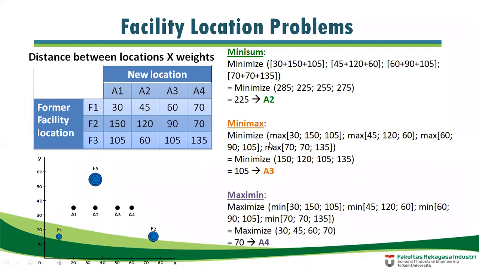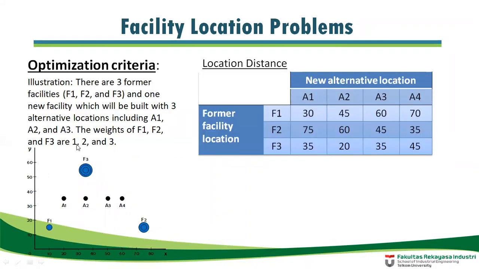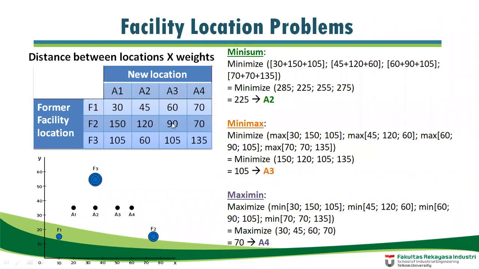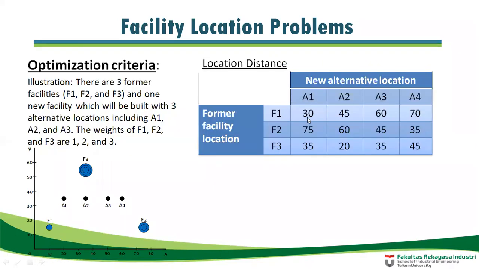Now let's multiply the location distances by their weight. F1 has weight 1, F2 has weight 2, and F3 has weight 3. So 30 times 1 stays the same. All the numbers stay the same since the weight is only 1.